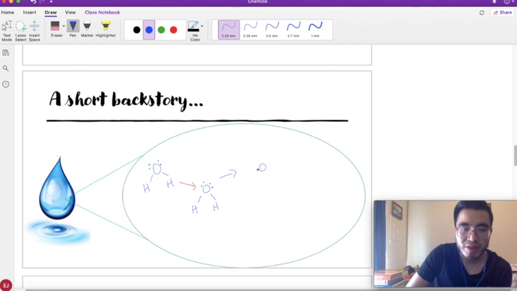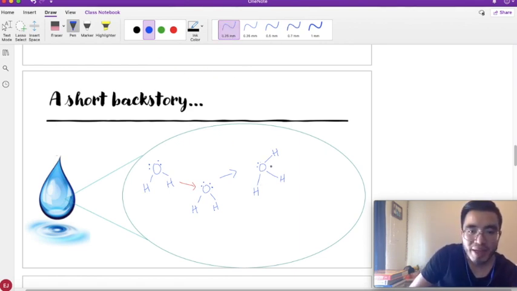We have our oxygen, 1 hydrogen, 2 hydrogens, 3 hydrogens, and don't forget about the electrons. And I'm going to add a plus sign because remember, this molecule 1 donated a proton, an H plus to this one, so that's why this is positive now.